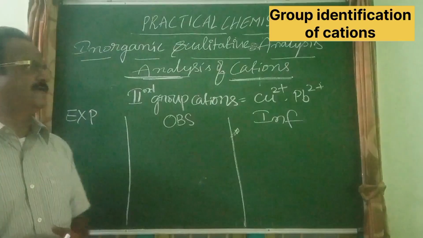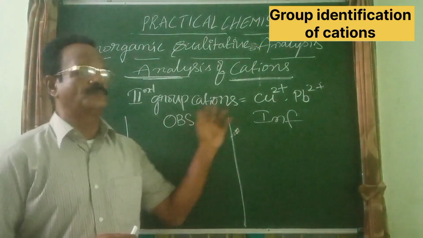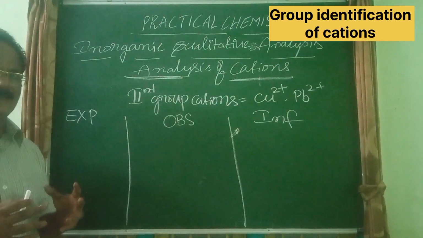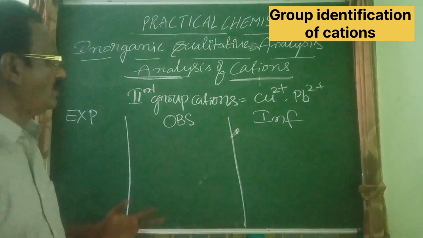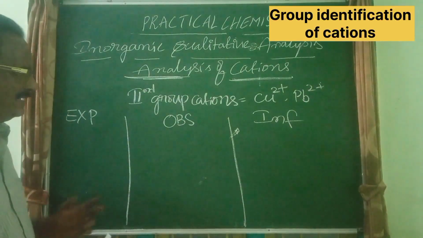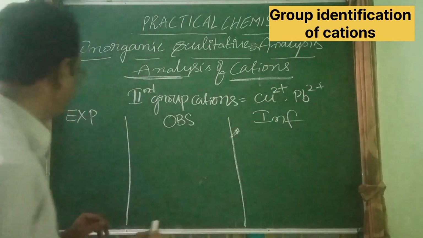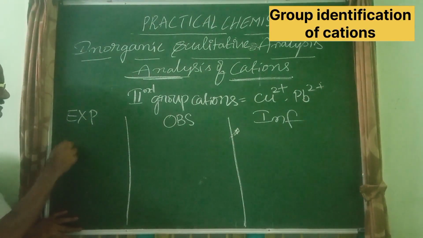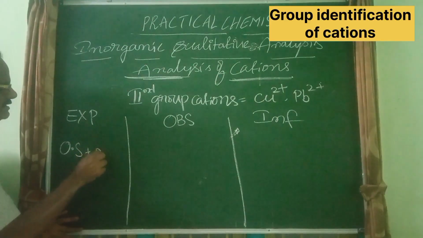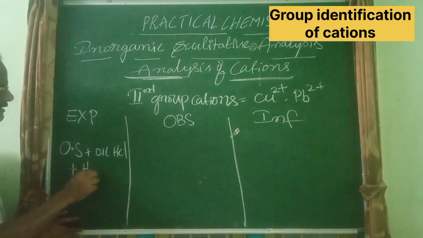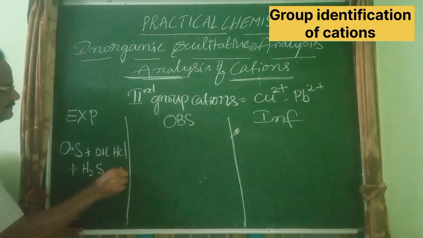The identification of second group cations, that is Cu2+ and Pb2+. During the identification of second group cations, the following test is to be done by the analyst or student. Original solution is added with dilute HCl followed by H2S gas.